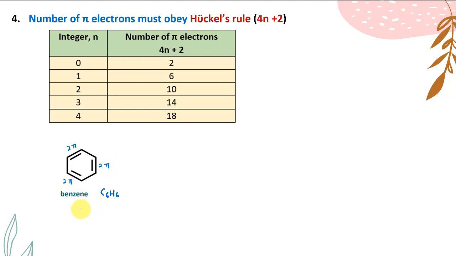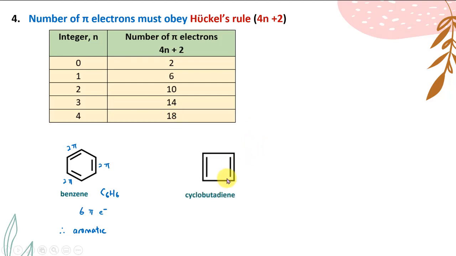In total, there are 6 pi electrons in the structure of benzene. You can look at the table here, in which the integer equals 1. So yes, it fulfills Hückel's rule. Benzene is an aromatic compound, as it fulfills all 4 criteria: cyclic, planar, completely conjugated, and it obeys Hückel's rule, as you get 6 pi electrons, which is in the table.